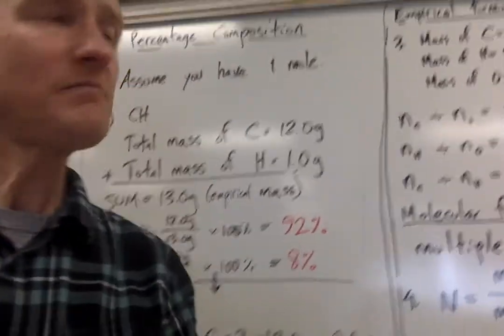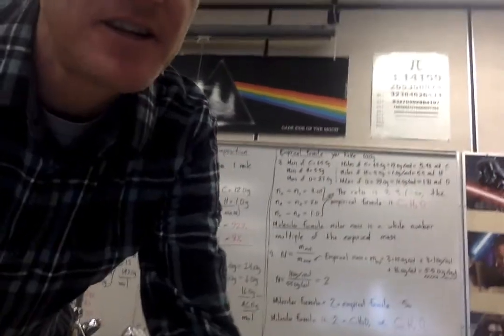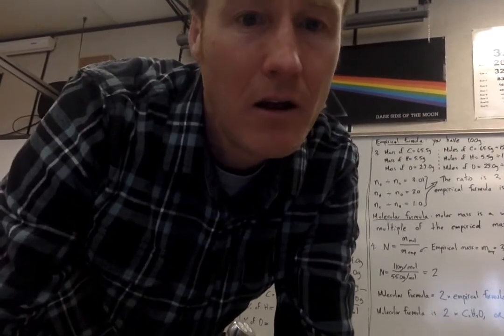So, this is not what I wanted to do next. I want to do this right here. Questions 3 and 4. What you're doing here is you're going backwards. You're being asked to calculate the empirical formula.